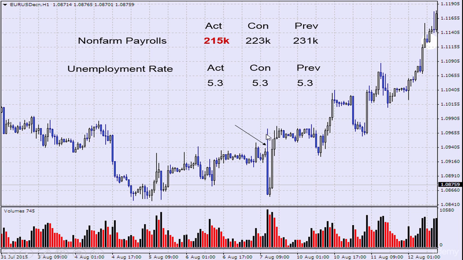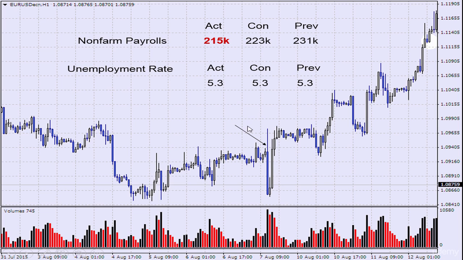Now, here is the exact time when the non-farm payrolls data and unemployment data was released. So initially the market fell. However, the market then stopped and rallied. Initially, the Euro USD fell, which means the USD rose in value initially.